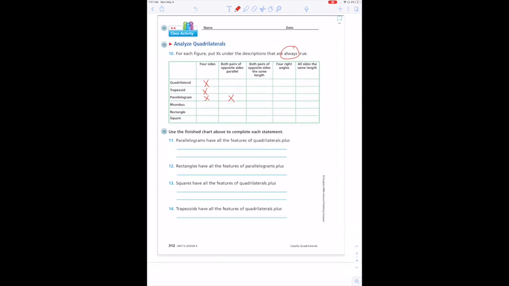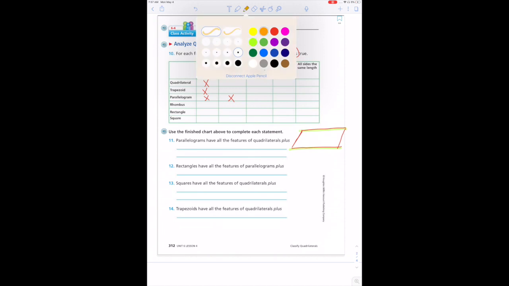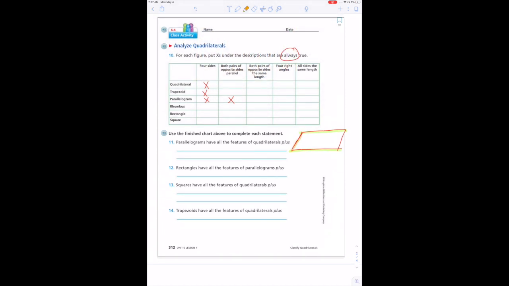So what we're saying in a parallelogram is that this length in green and this length in green are the same length, and this one in orange and this one in orange are the same length.